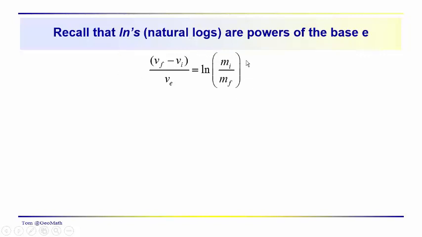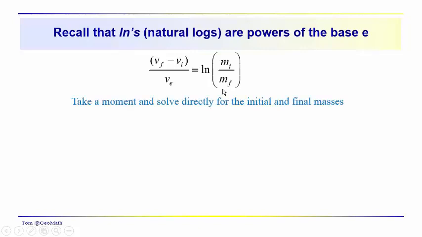So if we come back and take a look at this logarithmic form and ask ourselves, how can I solve for m sub i, m sub f? Well, remember that these natural logs are powers of the base e. So how would you manipulate this expression in order to solve directly for the initial and the final masses?